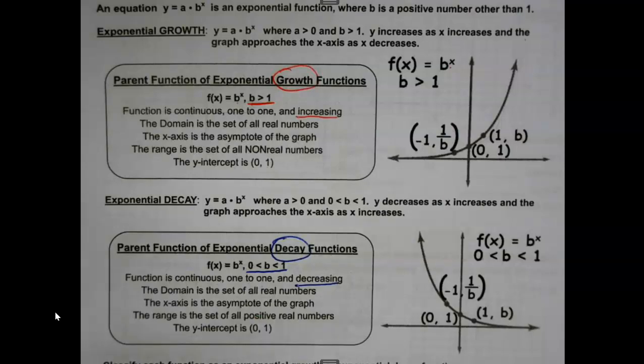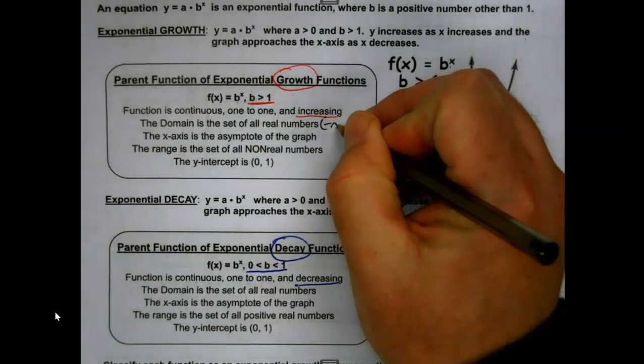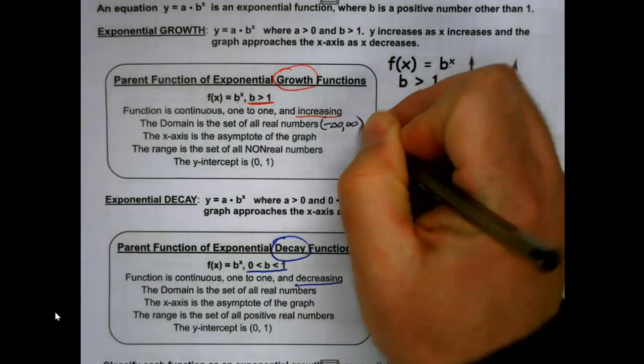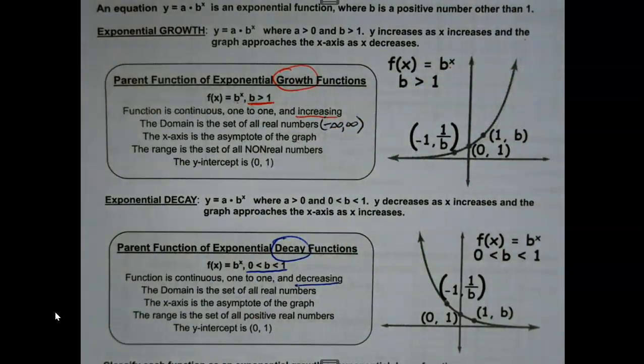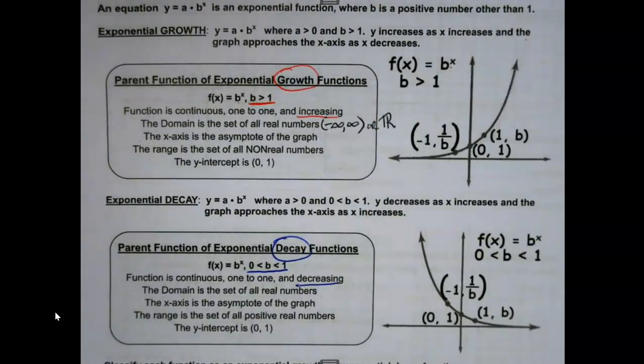The domain is the set of all real numbers. Now, there's 2 ways you can write that. You can say negative infinity to infinity. We've done that before. Or you can use that double barred R to say all reals. Those 2 things say the same thing. You could even write out all reals if you wanted to.